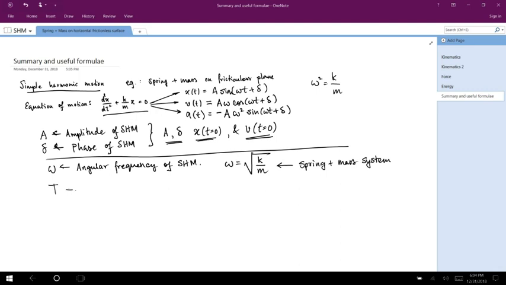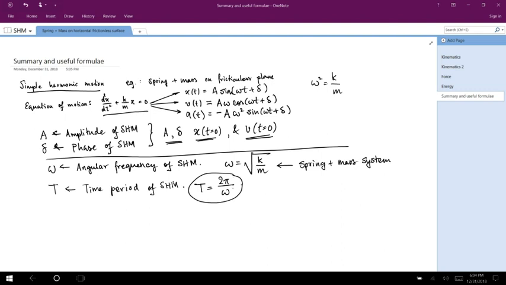Another important variable one can talk about is the time period of SHM, or time period of oscillations for the SHM, and T equals 2π over ω. What does this time period mean?